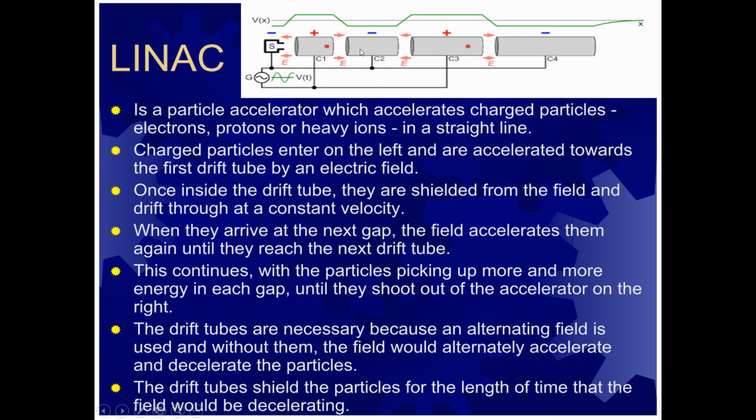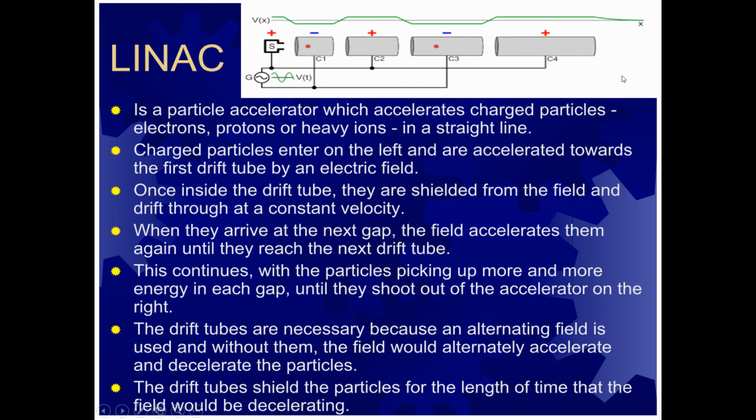You can observe the kinetic energy of the particle as it passes the first drift tube, then the first gap, the second gap, and then the third gap. The process continues, the particles picking up more and more energy in each gap until they shoot out of the accelerator on the right.